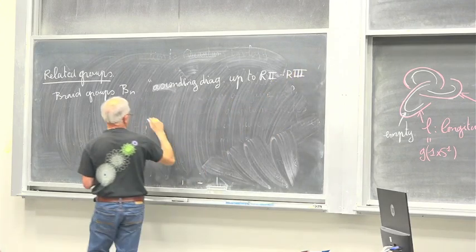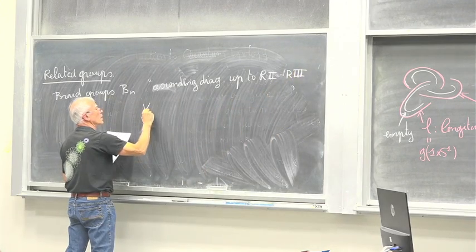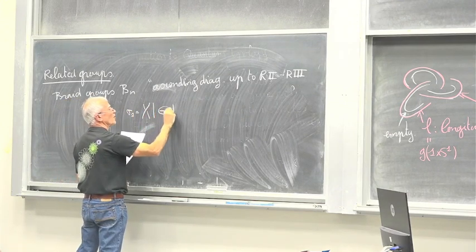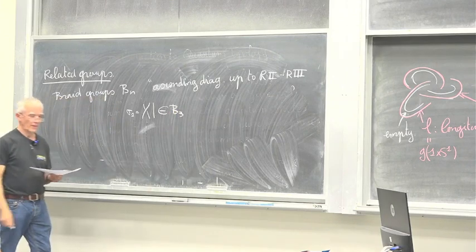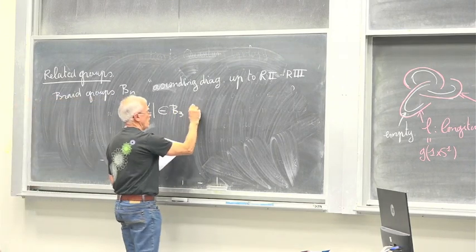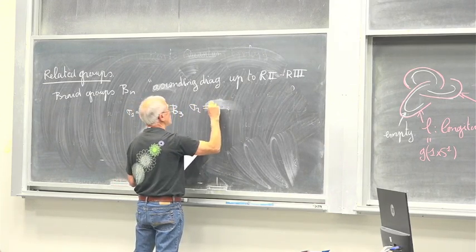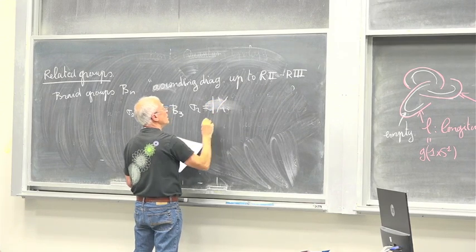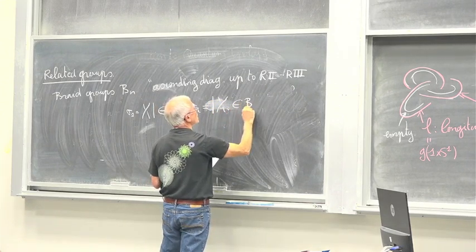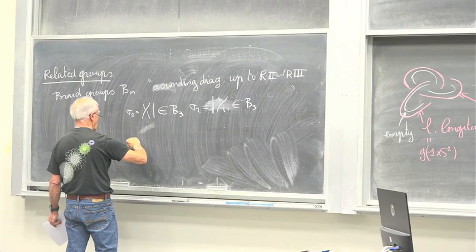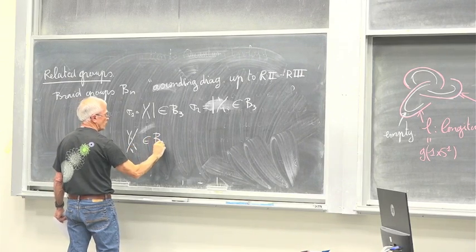For example, this sigma 1 would be an element of B3. This sigma 2 is also an element of B3. And if I do this, this is also an element of B3.